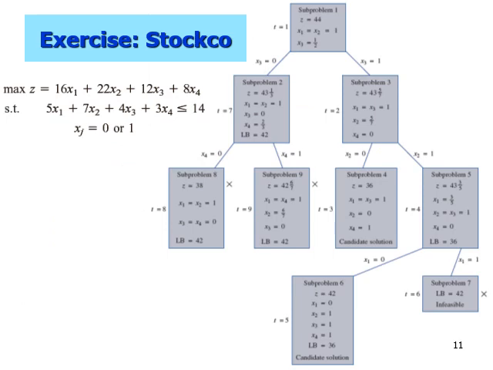The textbook actually provides the complete solution for another problem. So here's a Stockco problem. You are given the formulation and you are given the entire tree for this problem. And then also I think it gives you the optimal solution. So try to do this exercise until it is complete.